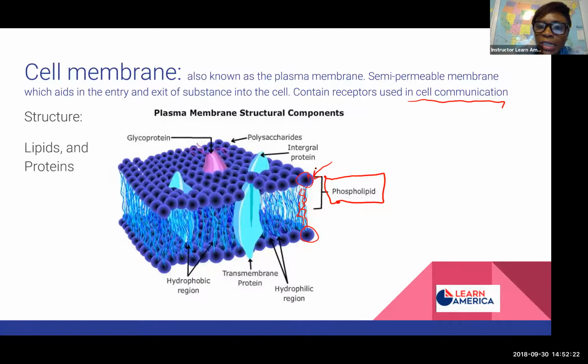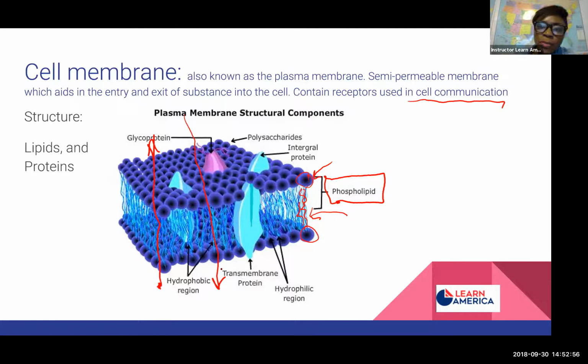This portion here is referred to as hydrophilic, whereas the inner portion is referred to as hydrophobic. The way these are aligned allows materials to move in, and if it's inside the cell, to pass through and go out of the cell. It's also meant for materials to pass from outside to inside the cell. And so that's why it's referred to as selectively permeable.